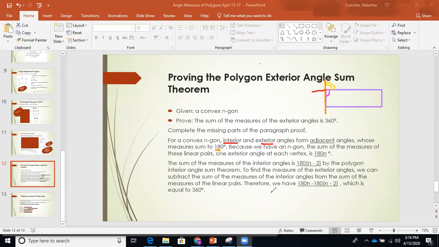So to find the measure of the exterior angles, we can subtract the sum of the measures of the interior angles from the sum of the measures of the linear pairs. Therefore, we have 180n minus 180 times n minus 2, which is equal to 360 degrees. That's just putting into words what we just got done working through in the previous slides.